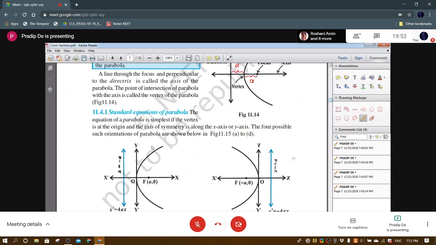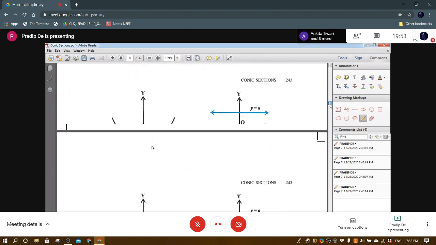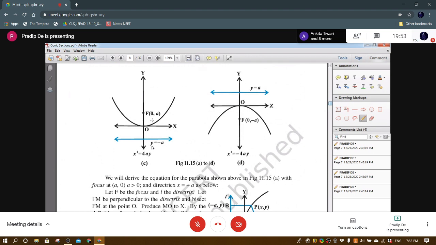Therefore, the equation of this parabola is y square equal to minus 4ax. And if you interchange x and y, we get the third diagram. This one. The equation is x square equal to 4ay.